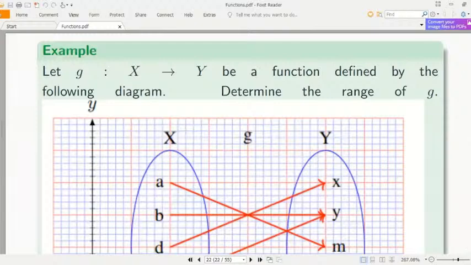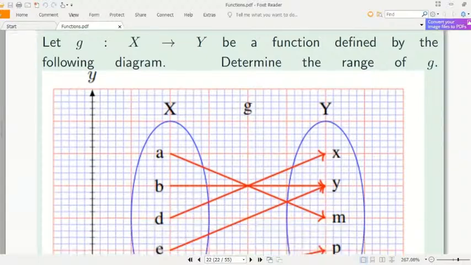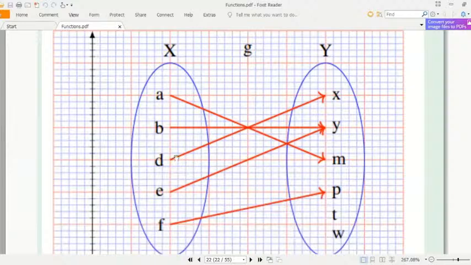Let's look at this example. The example says, let G, assigning elements of X to those of Y, be a function defined by the following diagram. Determine the range of G. This is very easy. Of course, it's a function, so I just want to look at which elements of the codomain have been mapped to.